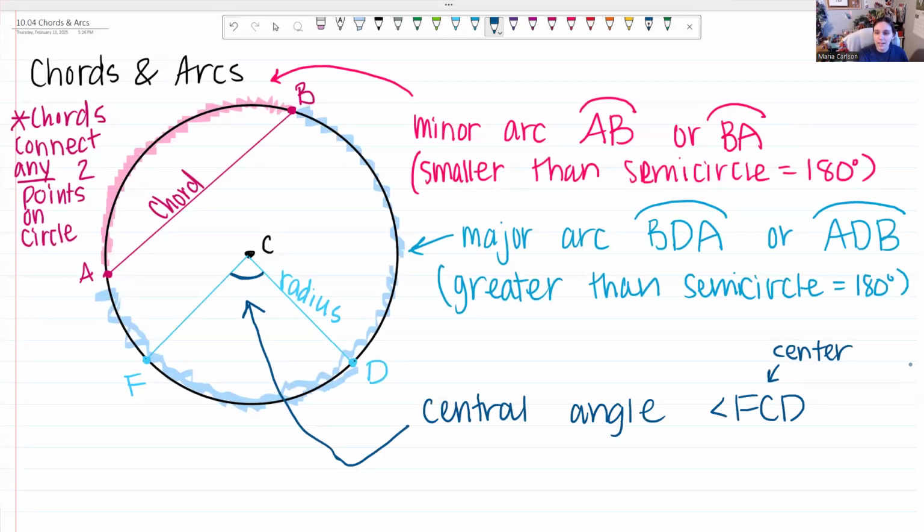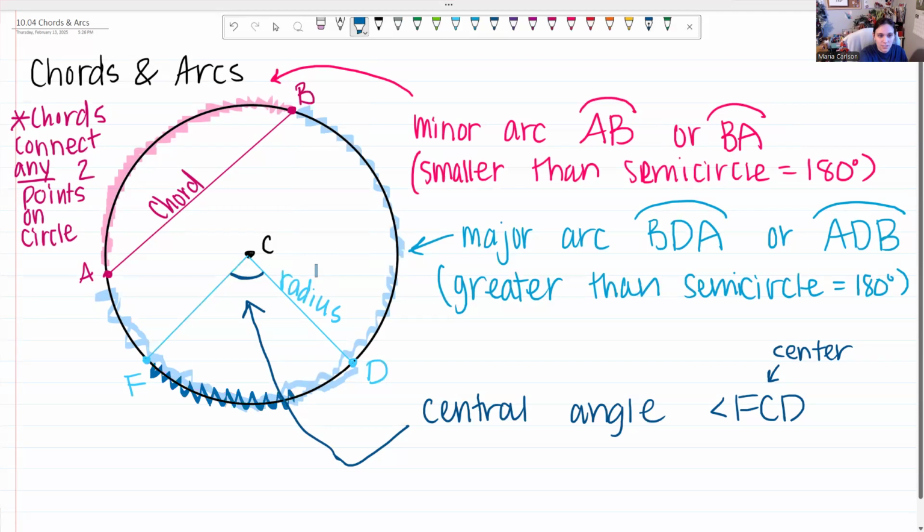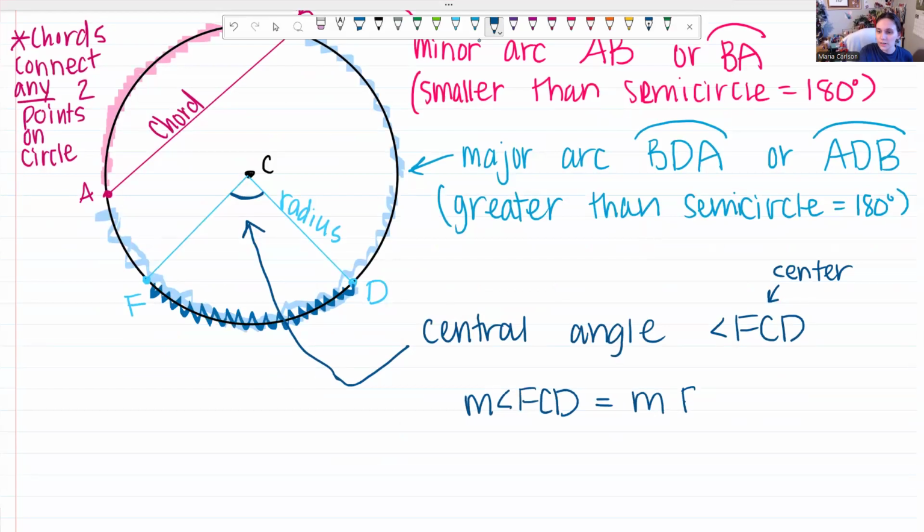And the central angle, in this case angle FCD, has the same measure as the arc formed between F and D. So this, what I would call minor arc FD, has the same measure as the central angle FCD. So I could say the measure of angle FCD, the central angle, is equal to the measure of arc FD.